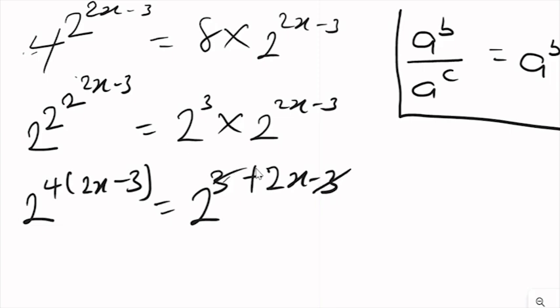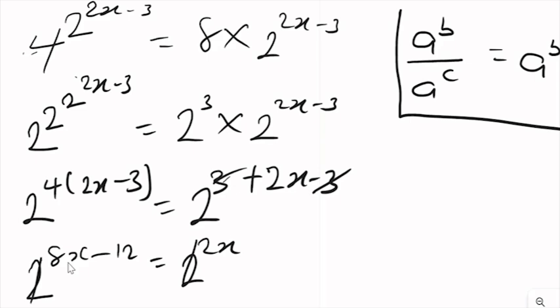Then from there, we can now say this becomes 2 raised to the power. You can open that bracket, that will give us 8x minus 12, which equals 2 raised to the power 2x. According to the law of indices, this will cancel out this. And then from there, let's finish it up here.